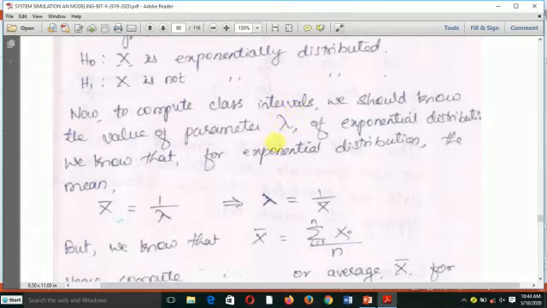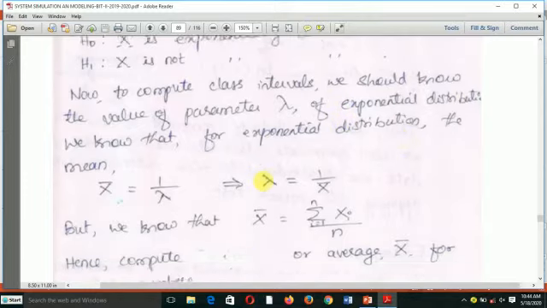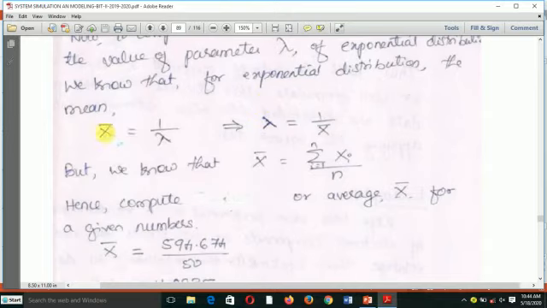So first we have to know the parameter lambda. For the exponential distribution, as we saw in the previous unit, the expectation or mean will be equal to 1 divided by lambda. It means that lambda will be equal to 1 divided by x.